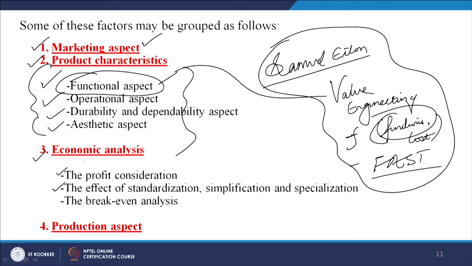Then we will see the effect of standardization, simplification and specialization, which means that once we are designing a product, we have to see what sub components can be used as per the standards. For example, there may be some nuts and bolts of specific sizes which are available in the market.